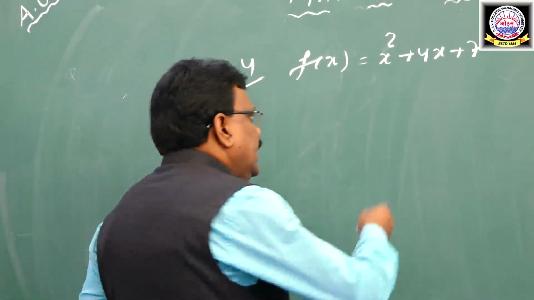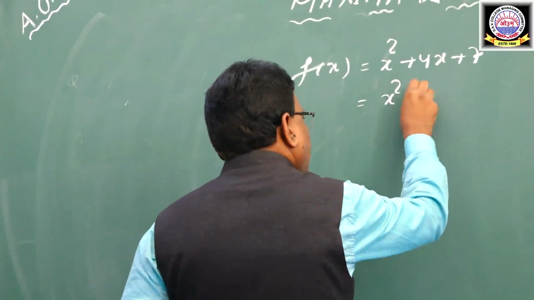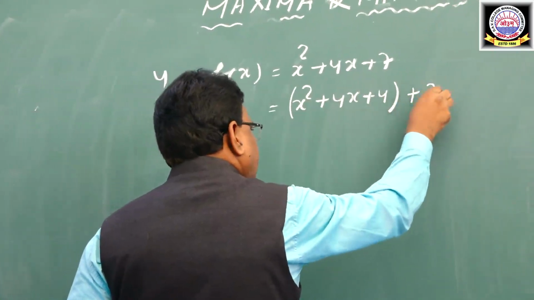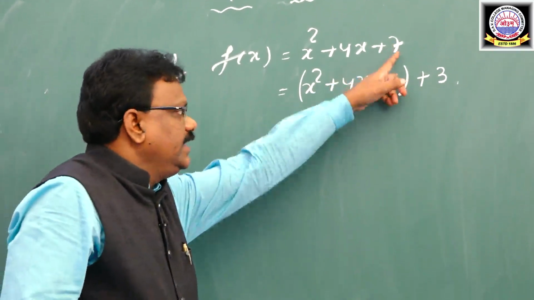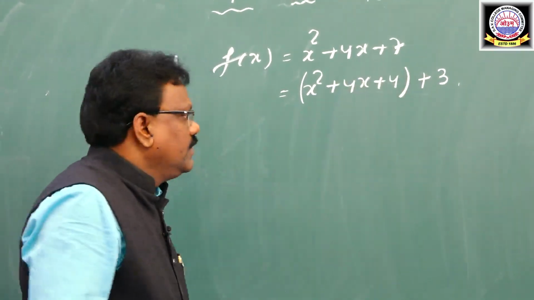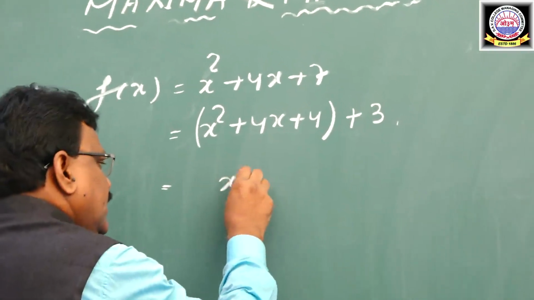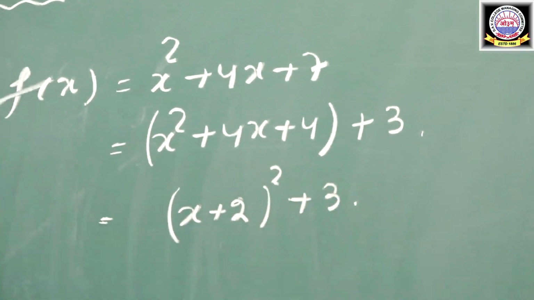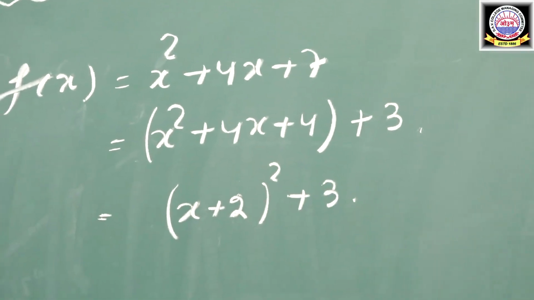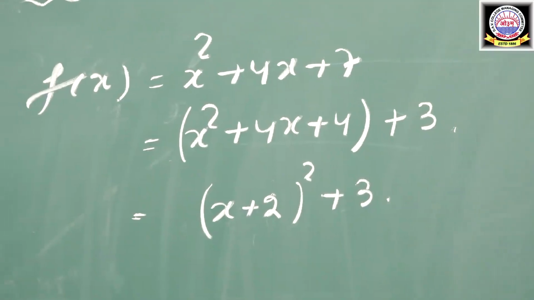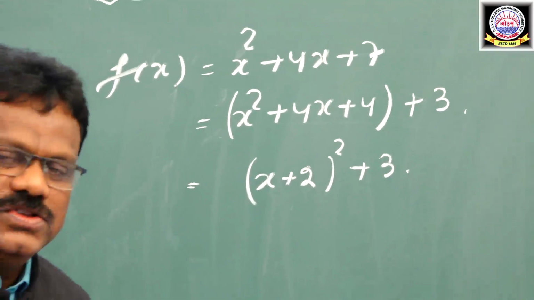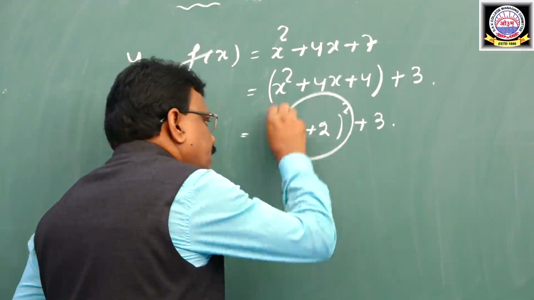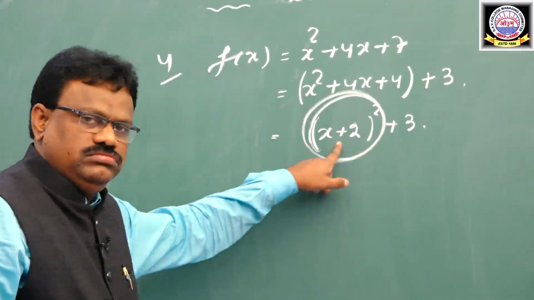So, see, I can write this function as x square plus 4x plus 4 to make it a complete square, plus 3. The 7 I distributed as plus 4 and plus 3. So, it is (x plus 2) whole square plus 3. And you know the square of any number is always non-negative. So, the minimum value of this expression, (x plus 2) whole square, will be 0.